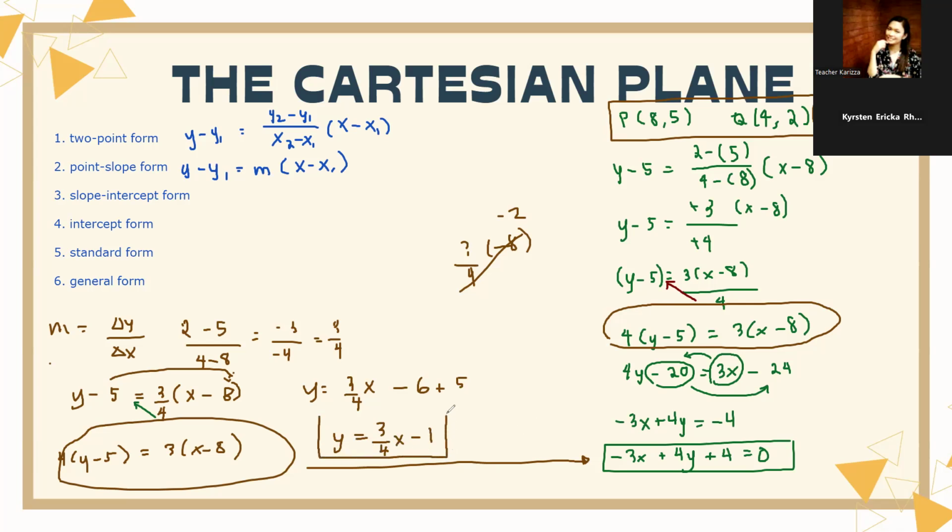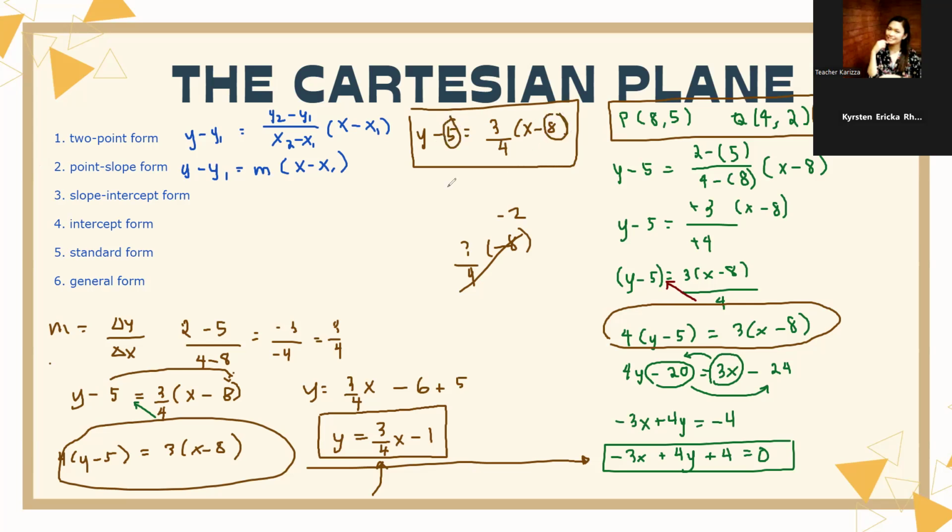But if we have it in the point slope form, like this, you can easily spot the slope, right? But in the two-point form, where you have y minus y1, so it's going to be y minus 5 is equal to 3/4 times x minus 8. This should be the final form na actually. Makikita mo yung points, which are 5 and 8. Right here, we have 5, 8.